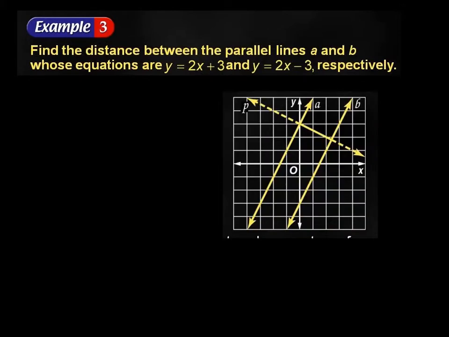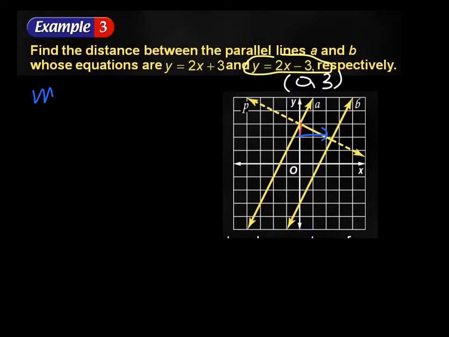The first equation has a y-intercept of 3, and it's going up 2 over 1. The second equation has a y-intercept of negative 3, and it's also going up 2 over 1. Now we can pick any point. They picked the y-intercept of the first line. Why not? Good enough. And then we have to find that point. The line that they drew is perpendicular to the first two, so it's going down 1 over 2.